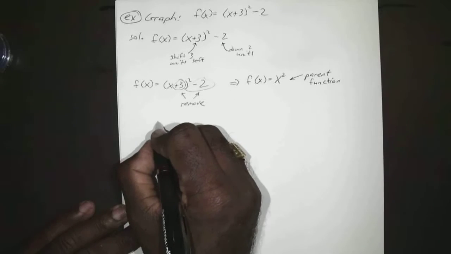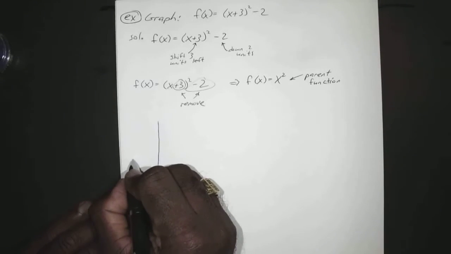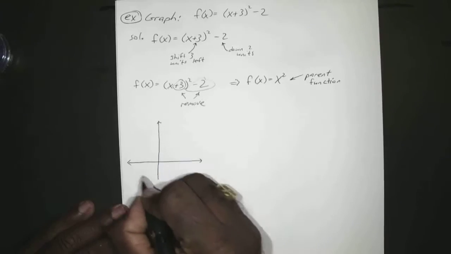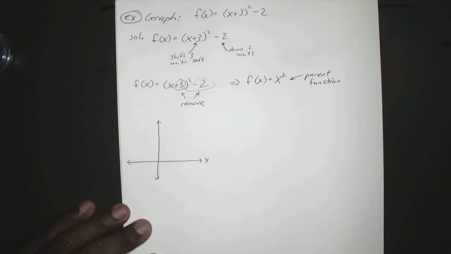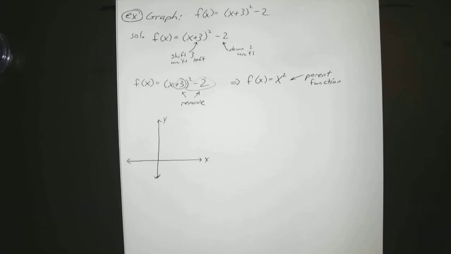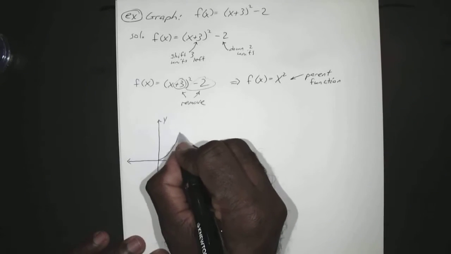Okay, so we're going to start off with that parent function. We have our x, and we have our y right there. Okay, so we're going to start off with our x squared.